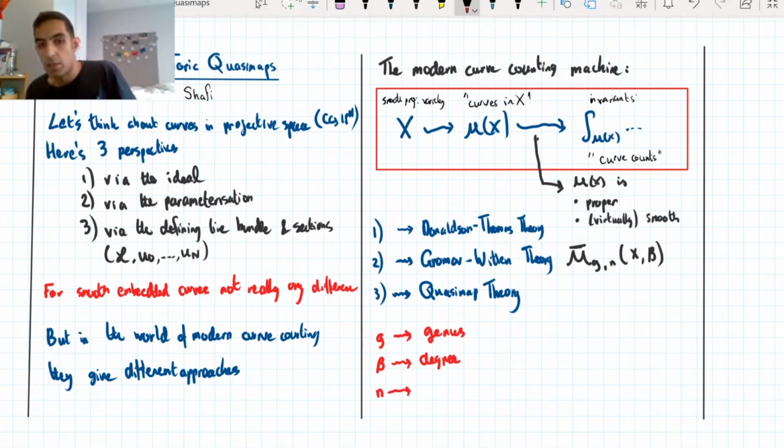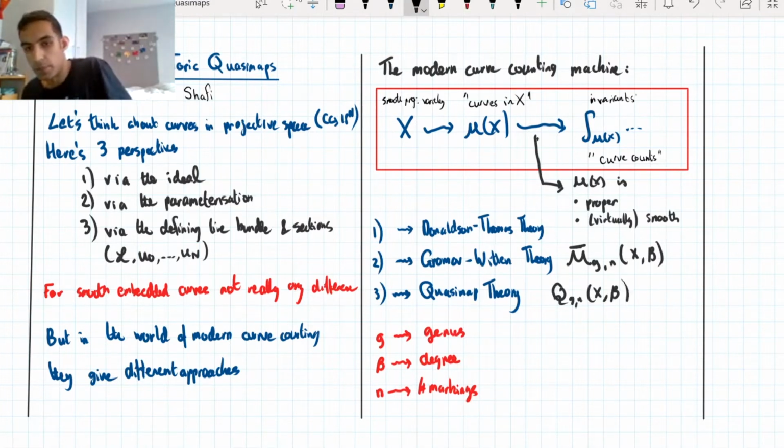And n means I'm going to keep track of a bunch of points on the curve, so I'm just going to mark them. That's what the numbers are, and the moduli space for Gromov-Witten theory is called the moduli space of stable maps, and the moduli space for Quasimap theory is called the moduli space of quasimaps.